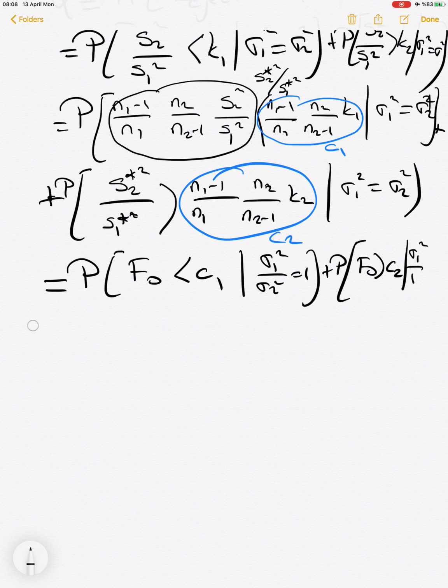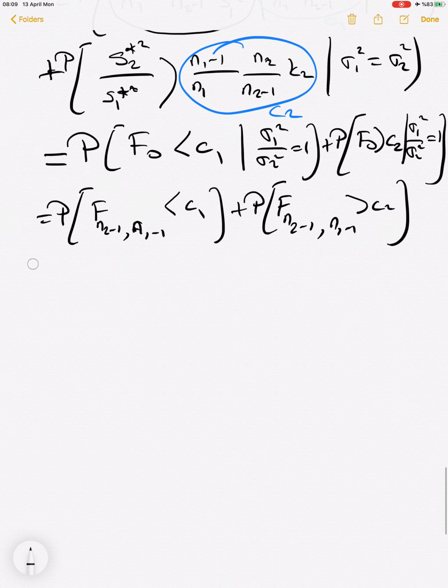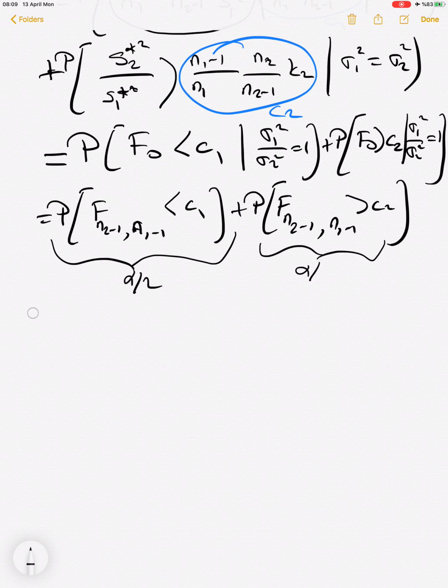Writing the distribution of F0, we have n2 minus 1 and n1 minus 1, here less than C1. We don't have to write the condition right now because we know the distribution under the null hypothesis now. For simplicity, take alpha over 2.